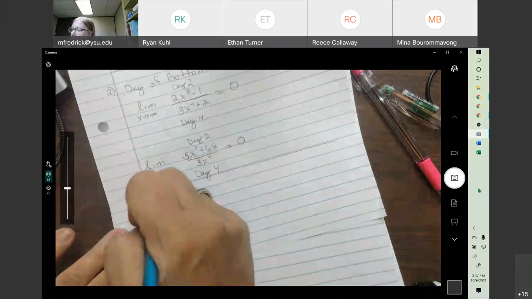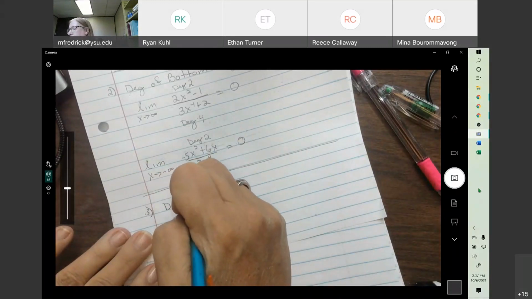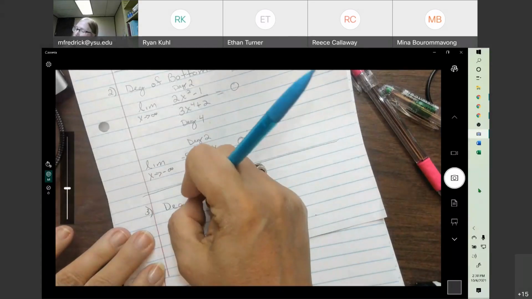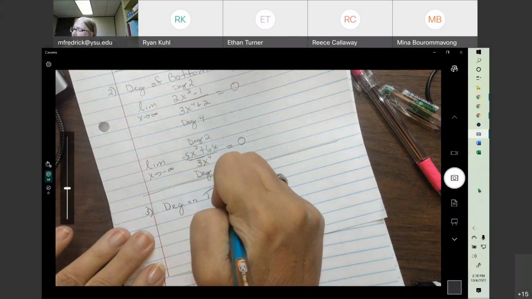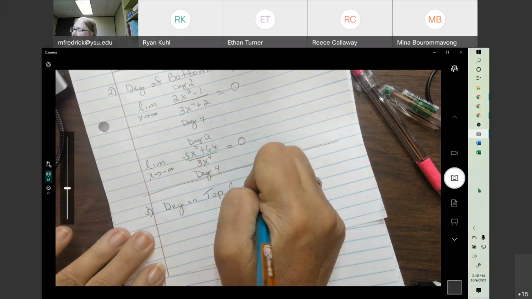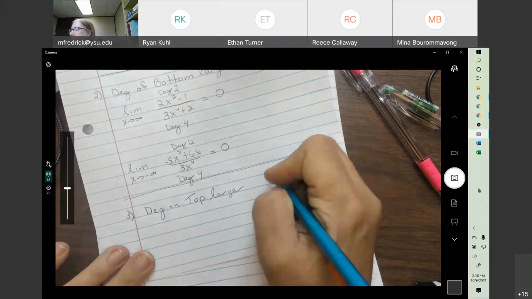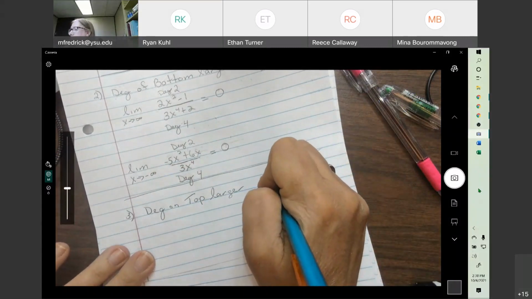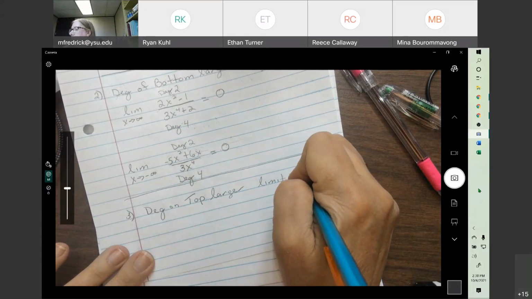The last case, the degree on the top is larger. When the degree on the top is larger, the limit does not exist.